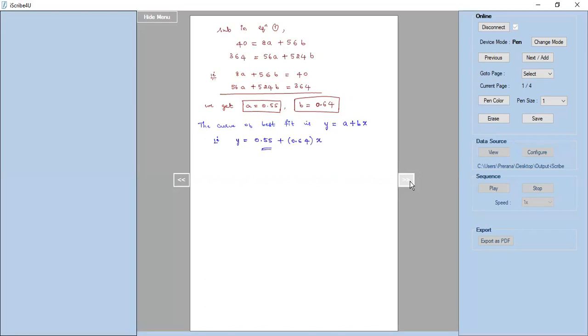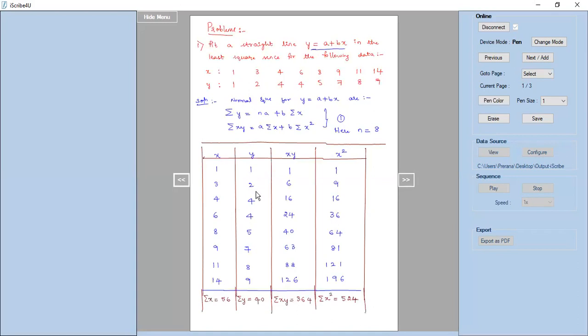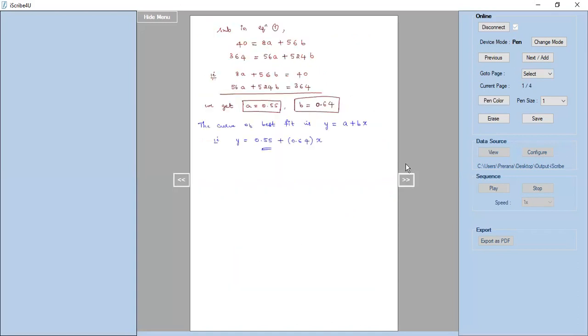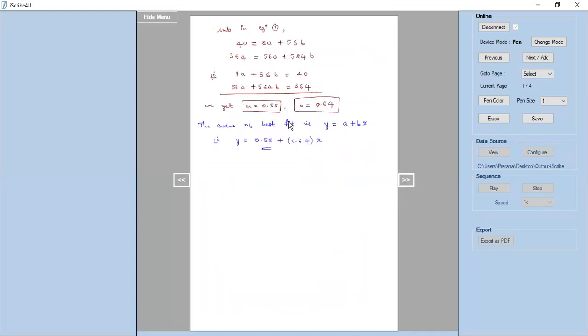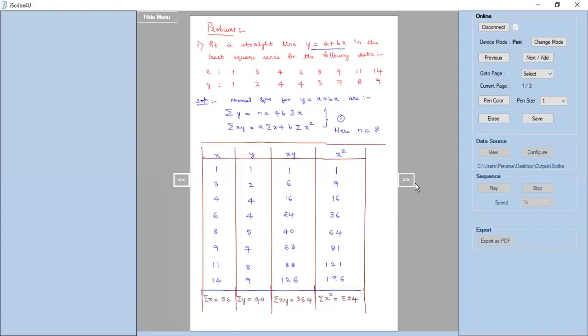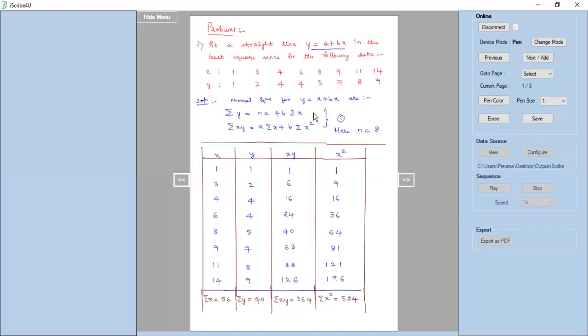When we substitute the given values of x from the given data, we will approximately get the respective values of y that are there in the given question, but it will obviously be an approximate answer. So this is how we fit a straight line equation for the given set of values of x and y.